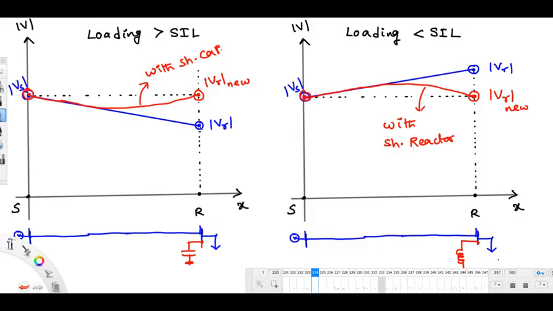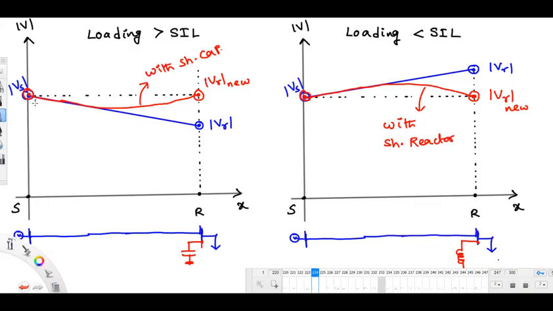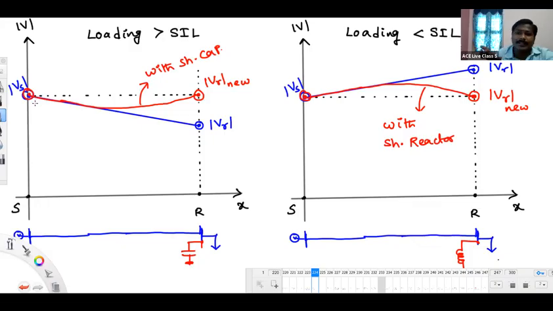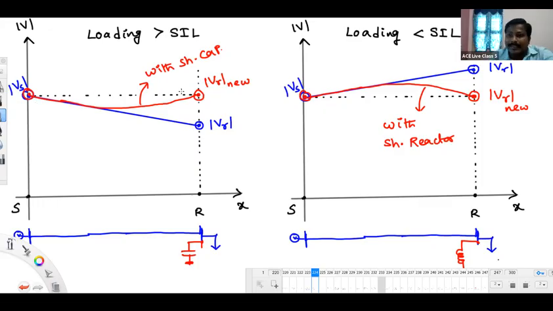Once, after keeping this shunt capacitor bank, the new receiving end voltage I am making equal to the sending end voltage. It's exactly the same, such that you have to design the compensator. Sir, after making that, if you check the voltage on the transmission line, it won't be the same again.